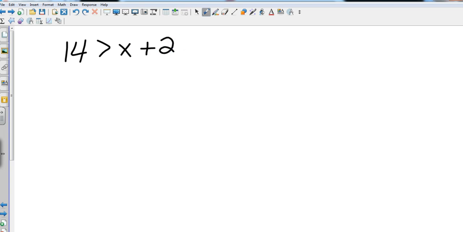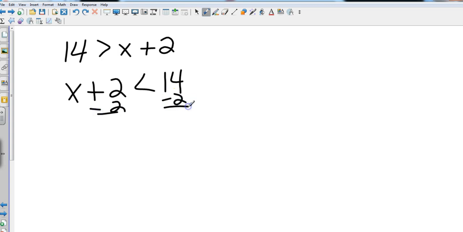And so let's get one of that second variety. Now, as before, we always want the x on the left side, so before I even start, I'm going to change this to x plus 2 is, let's see, that is pointing towards the x and open towards the 14. So I just modify that, subtract the 2, and x is less than 12.